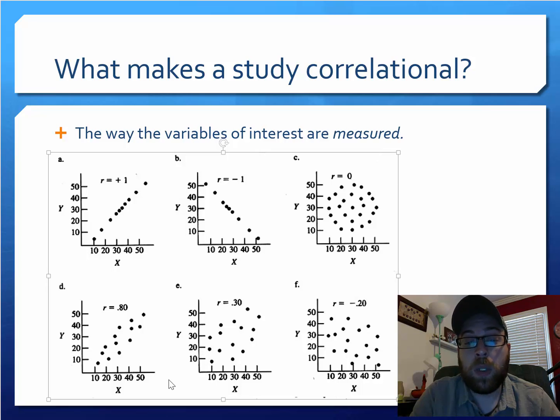What if I had a weaker relationship? Let's look at E here. In this case, as X goes up, Y also tends to go up. The line of best fit here still runs in this positive sloped direction. However, the distance from that line of best fit for all of these points is actually much larger. If I were to draw the line here, the average distance from the line of these points would be rather large, especially compared to this.